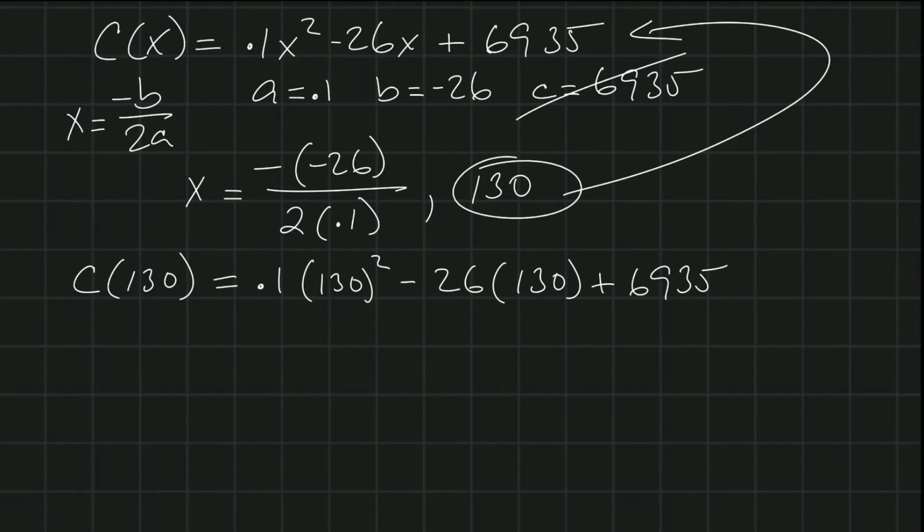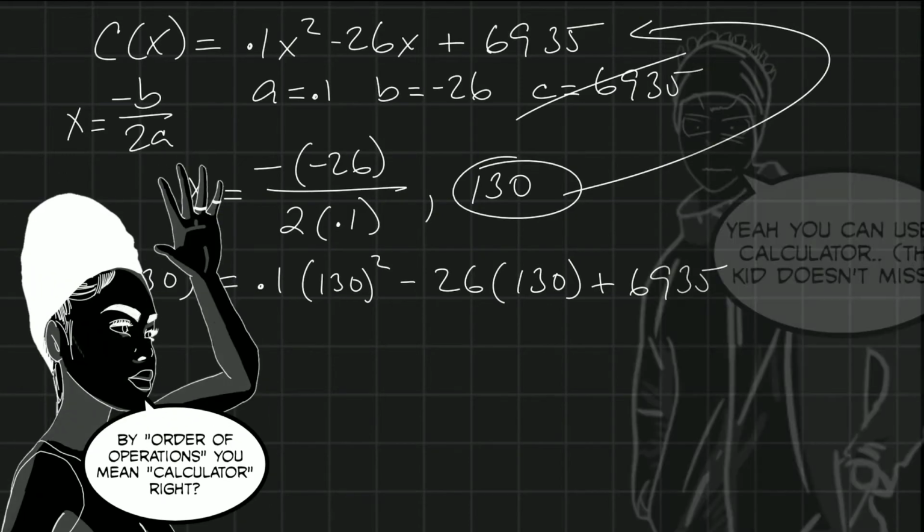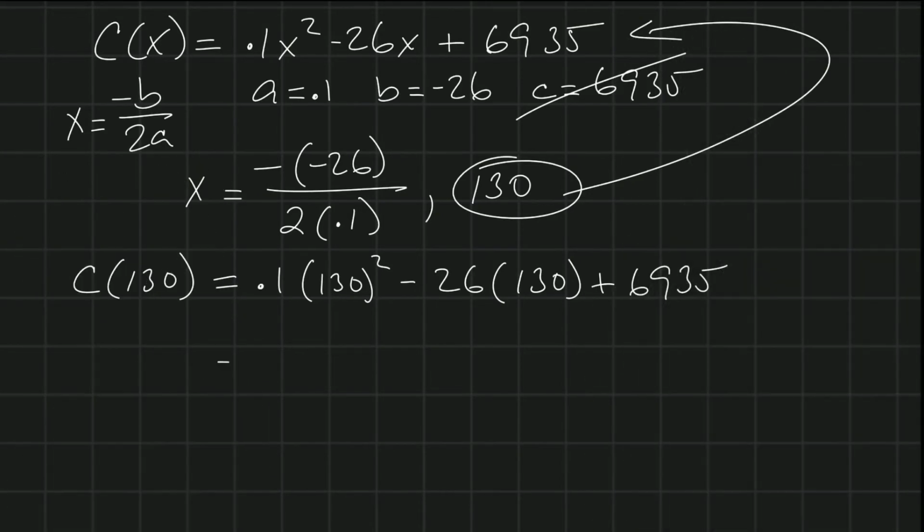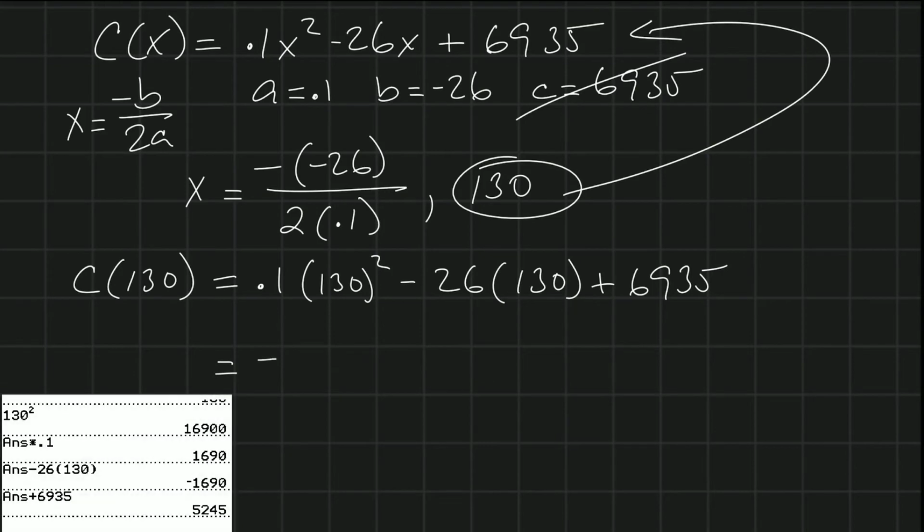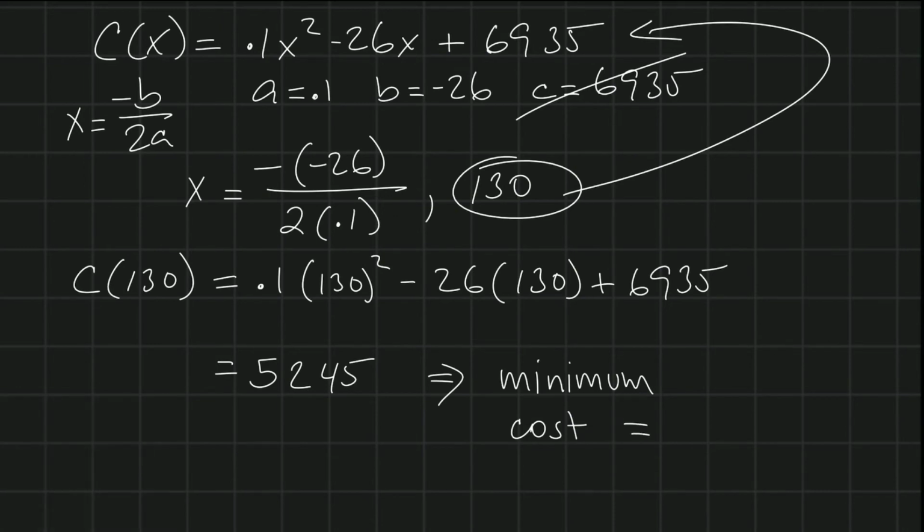Our next step will be to simplify this, and all we got to do is use our order of operations, and that will give us 5,245. Minimum cost is going to be equal to $5,245. Let's go on to the next problem.